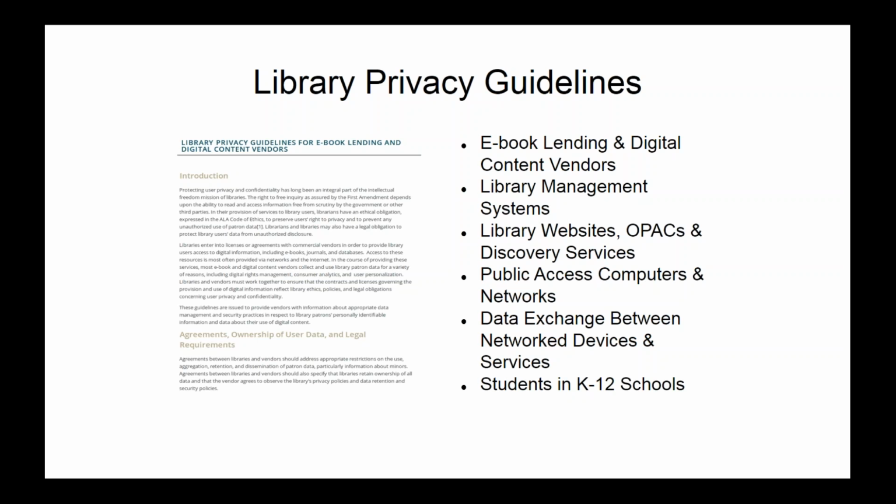We also wrote these other ones: library management systems or integrated library systems; guidelines on websites, OPACs, and discovery services; public access computers and networks; and data exchange between network devices and services, which is a complicated way to cover multiple things like self-checkout terminals and API access to your library system and various other ways that data can be shared automatically between library servers and devices and services. And then the last one is focusing on students in K through 12 schools.